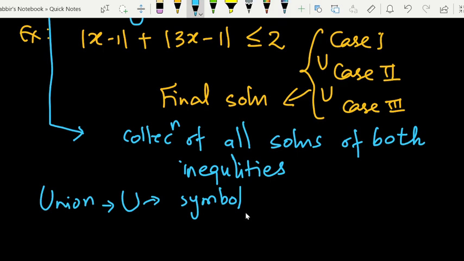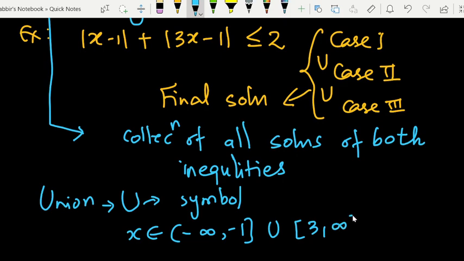That we will also see. For example, sometimes the answer may look like this: minus infinity to minus 1 union 3 to infinity. So union is used as a symbol or a connector between different solutions lying on the number line. So U is used both as a symbol and as an operator. How we use union, how we do union, that we will see now, guys.